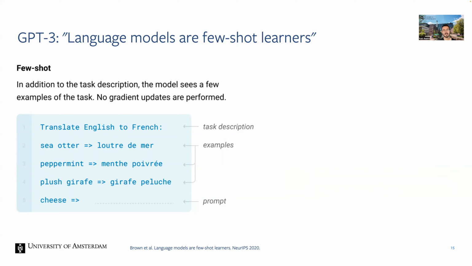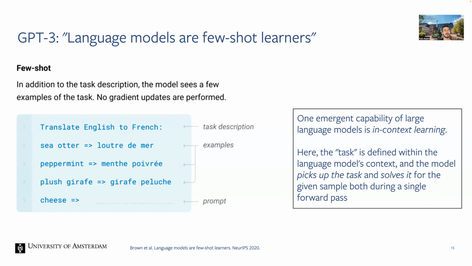In this case, the context includes both the task description, so what we want the model to do, and some examples. And then finally, the prompt is simply the thing that we are asking the model to do. In few-shot learning, this is also called the query, and the examples are called the support set, right? And now this model can solve this better than if you don't provide any examples beforehand.